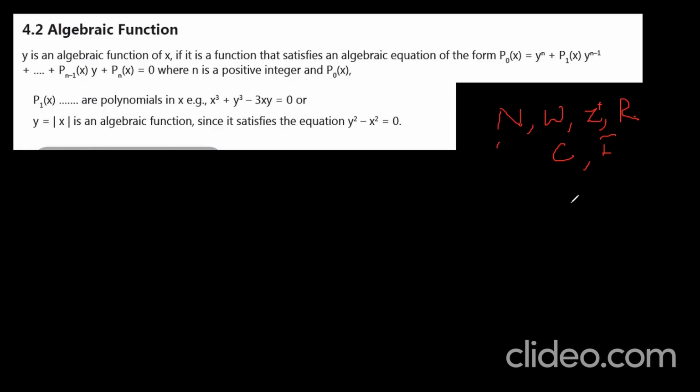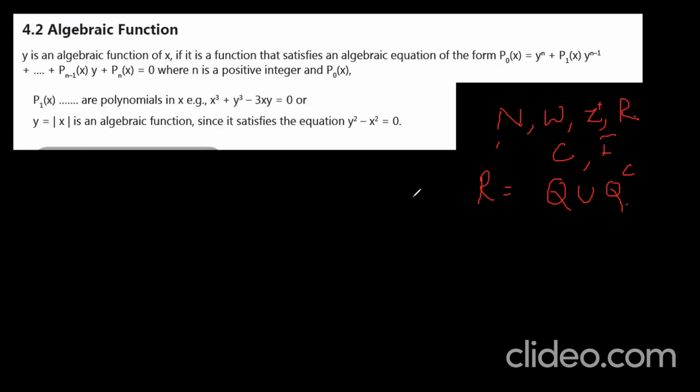All those you know. And what are real numbers? Q union Q complement, that is rational numbers and irrational numbers, those two combined give real numbers.